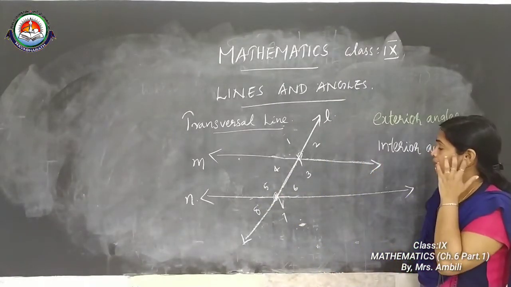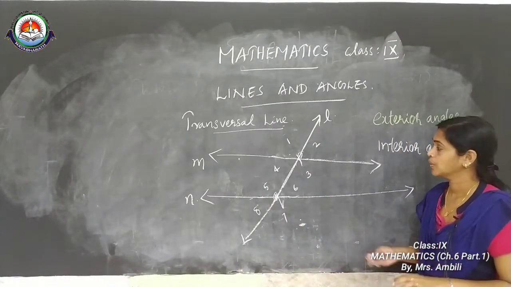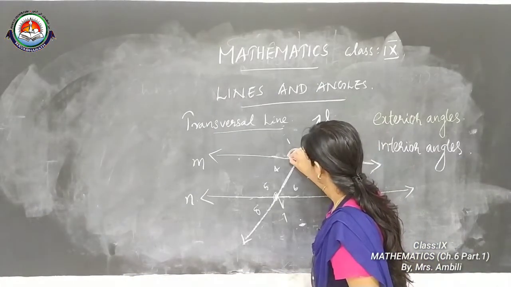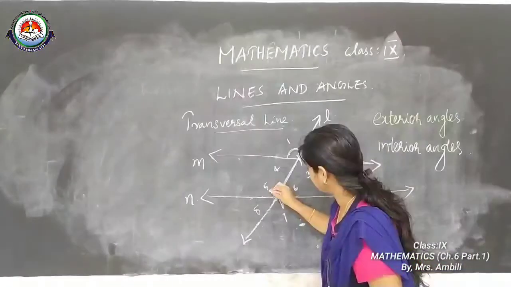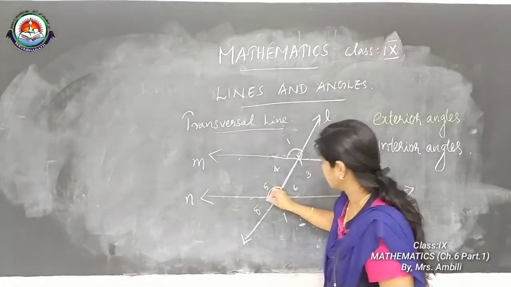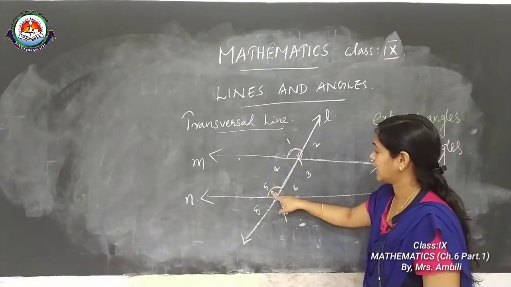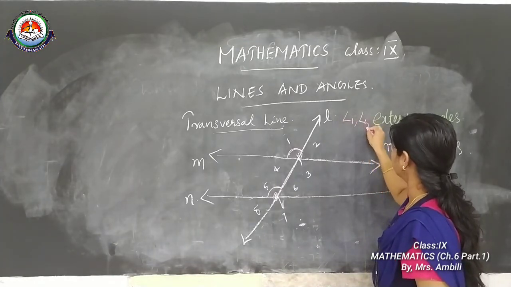Here you look, 8 angles I marked. So this angle 1 and angle 5 are corresponding angles.